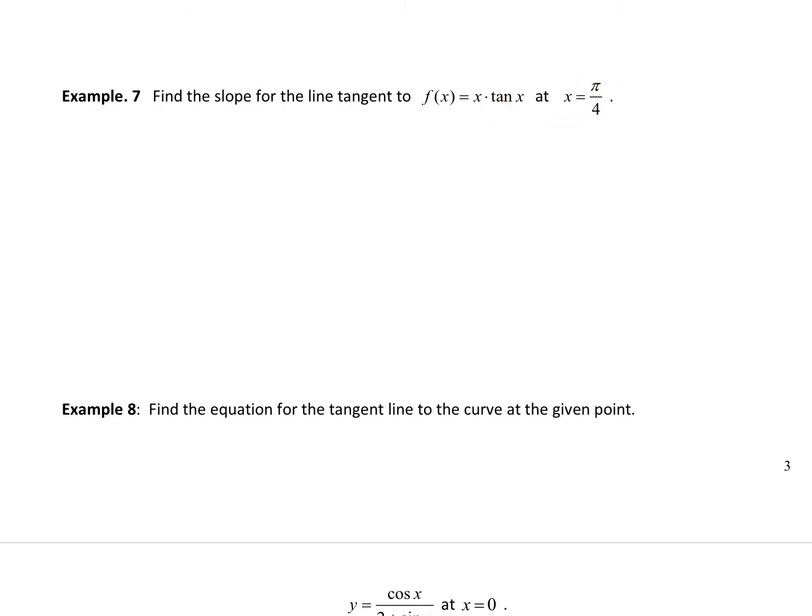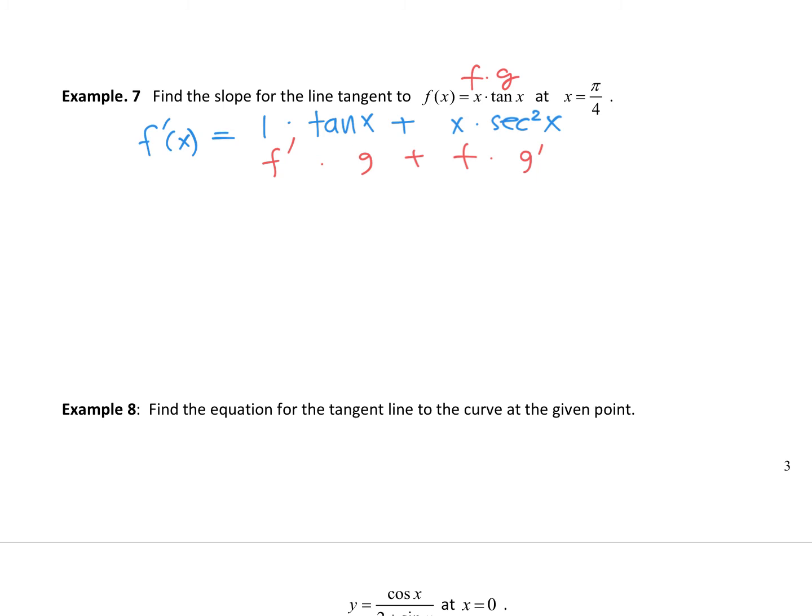So f prime of x is equal to, I have two things multiplied, so I do the same thing, f prime g plus f g prime. Take the derivative of the first term, which is just x. The derivative of x is just 1, times the second one left as is. Then leave the first one as is, don't take the derivative, and the derivative of tangent is the second part, secant squared.